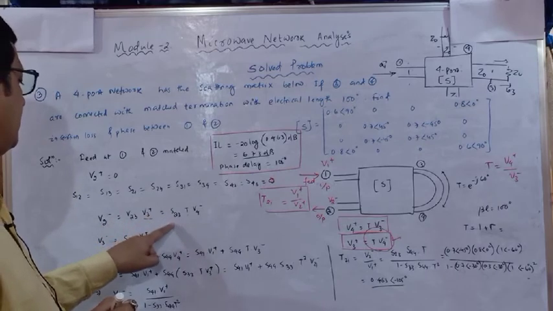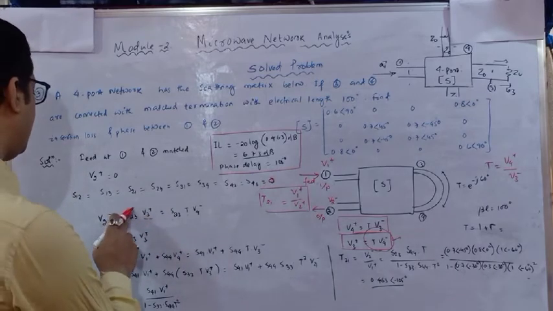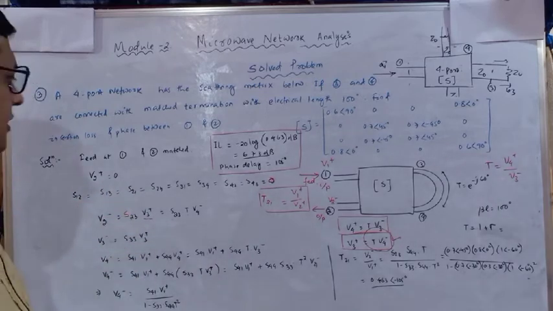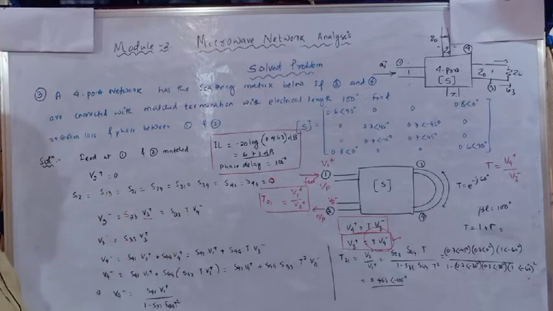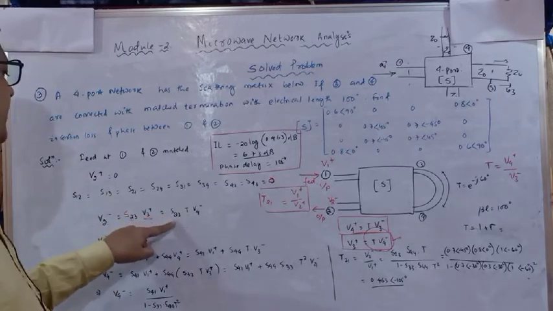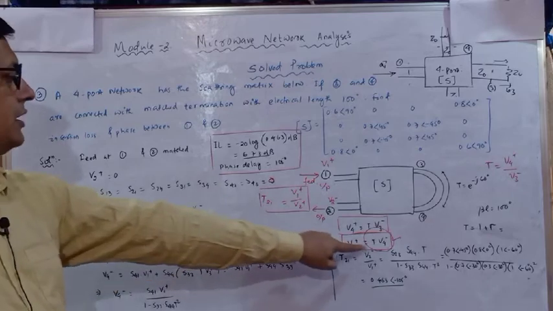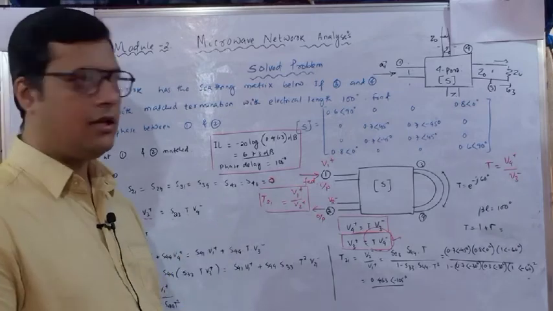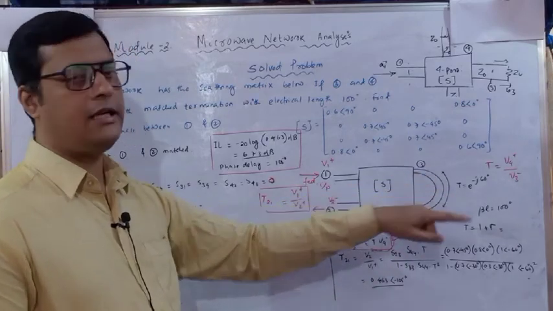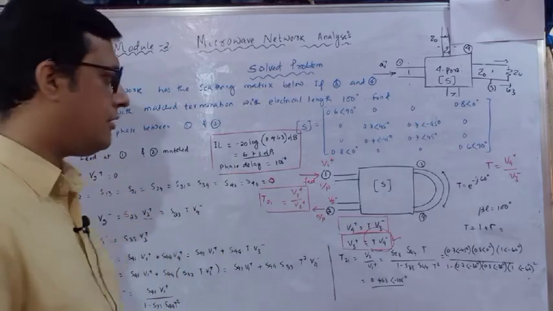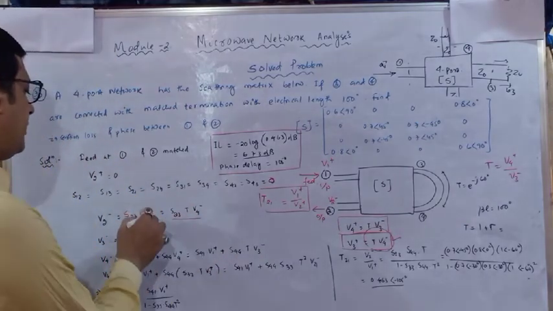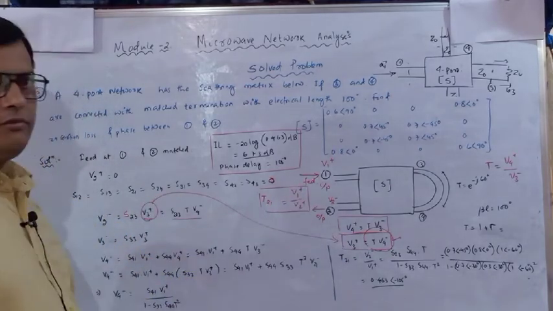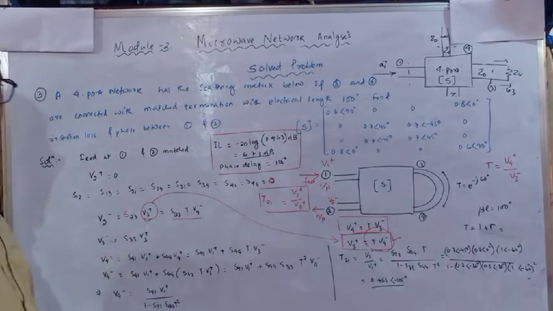S23 means the reflected wave with respect to the incident wave. So in place of V3 plus you have substituted the transmission coefficient into V4 minus. But the question comes, why are we using this? Because in the question it is given that the transmission coefficient needs to be included. For that reason we have substituted here. So in place of V3 plus, we have substituted T into V4 minus.